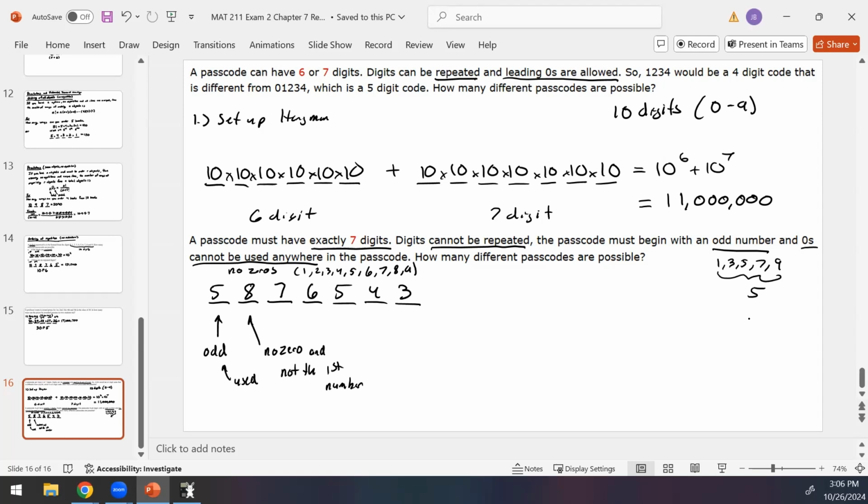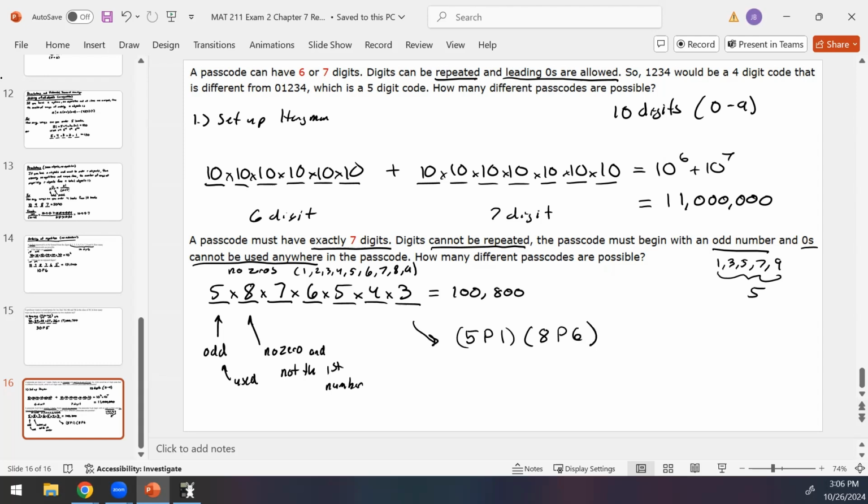So is this a permutation problem? You can make it a permutation problem, but I'm telling you right now, it's a lot more complicated to think about it like that for most students. Okay, not everyone. Some people kind of get it, but in this case, it would be 100,800. So the way you could do it using permutations is you could say, I have 5 odd numbers and I got to pick one of them. Okay, so 5 permute 1, and then from there, I have 8 numbers left, and then I got to pick 1, 2, 3, 4, 5, 6.